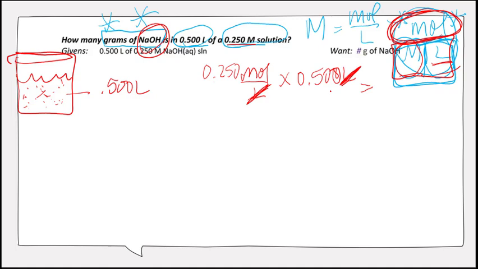So let's use your calculator. What is 0.250 times 0.5? I got 0.125 moles of NaOH. Okay, now from there, I am going to look at the periodic table and I'm going to add up 1 sodium, 1 oxygen, 1 hydrogen.